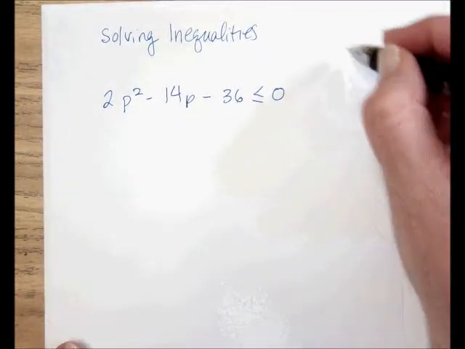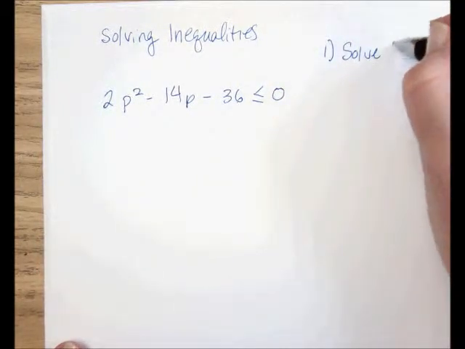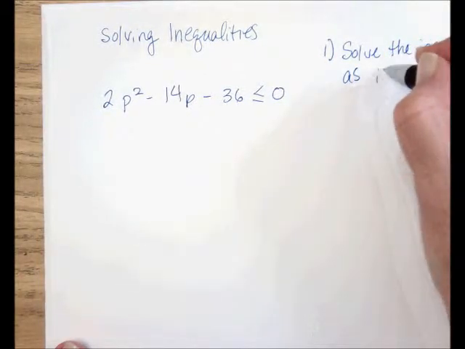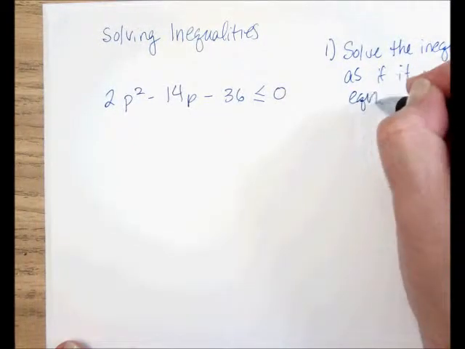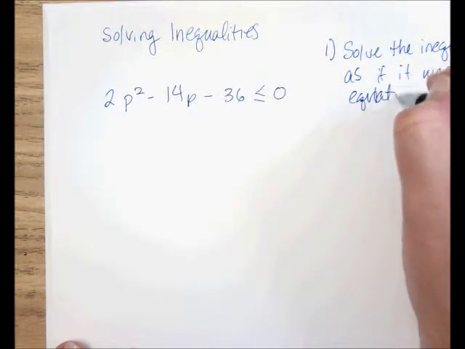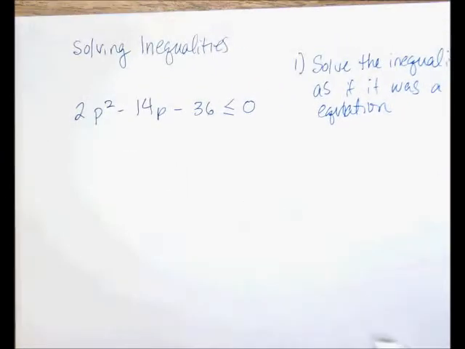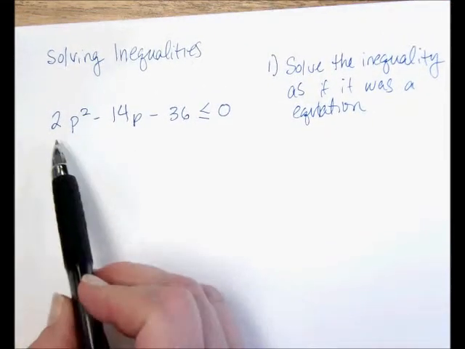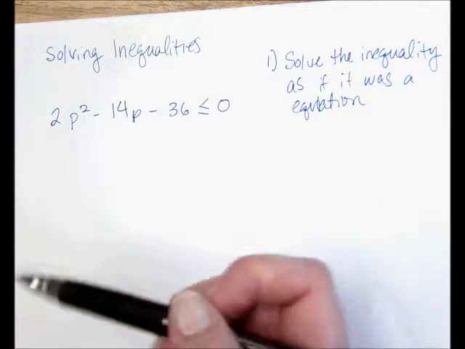The first step that we have is we need to solve the inequality as if it was an equation. And so what that means is that I can use the x factor, or if a is not equal to 1, after I factor out the greatest common factor, then I can use the x factor in the box.